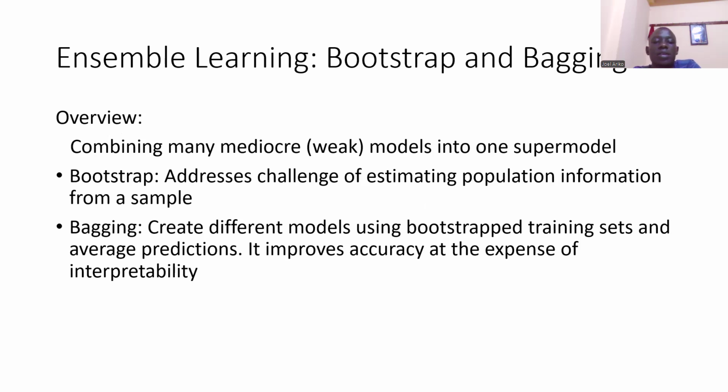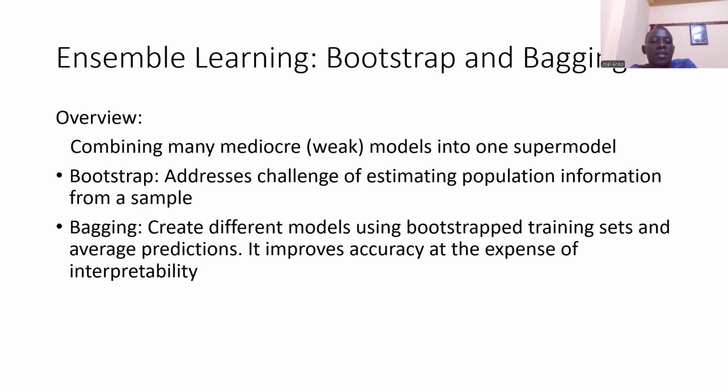We have another approach called ensemble learning. This is where we find bootstrap and bagging. The overview of ensembling is where we combine weak models into a super model. In bootstrap, the challenge of estimating population information from a sample is addressed.